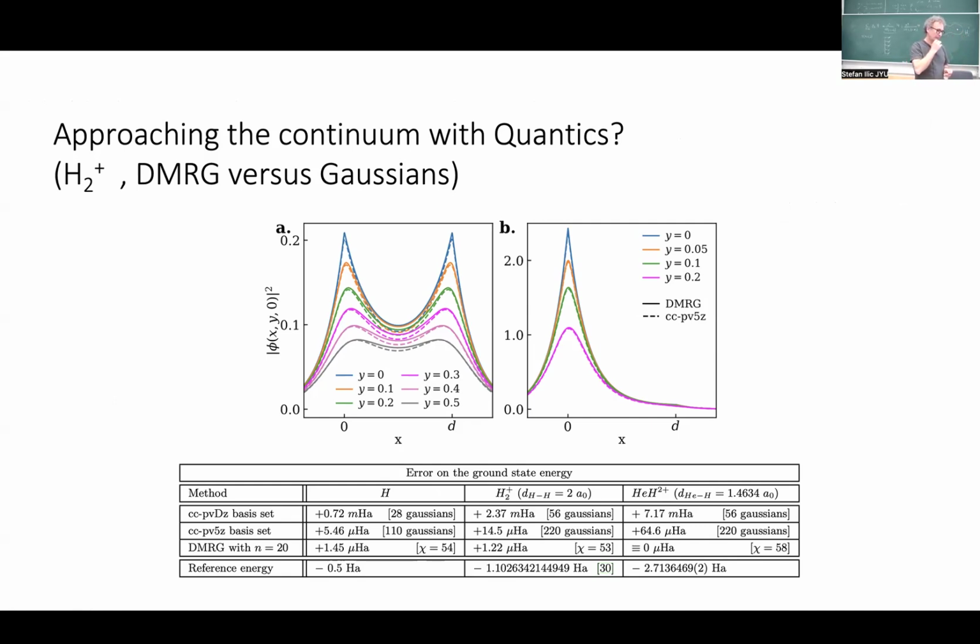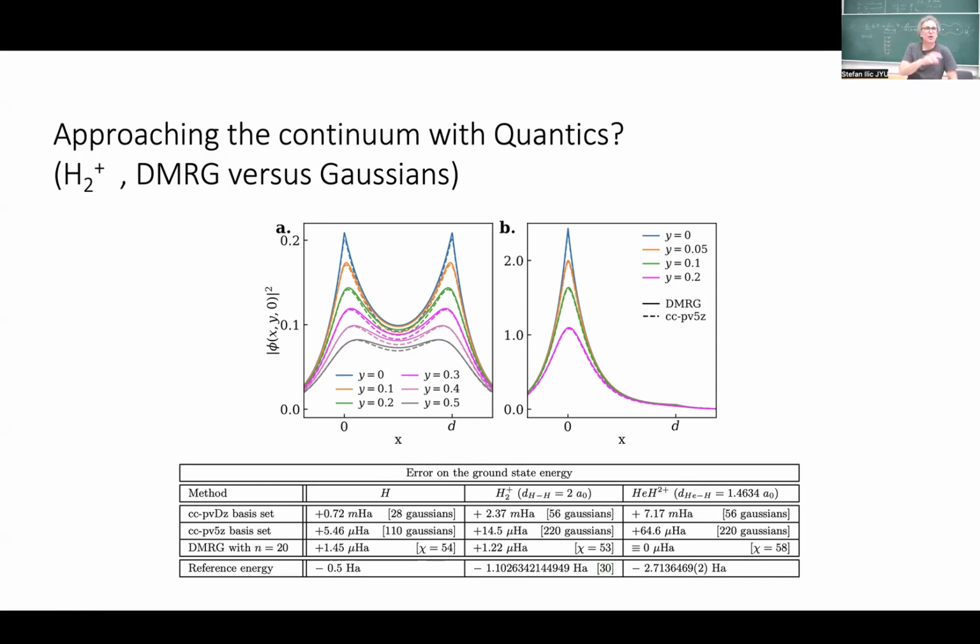Difficult. Also, the thing about these Gaussians is that they have essentially been made by hand. I will discuss the Gaussian basis set a bit later, but you make a basis set which is bad.